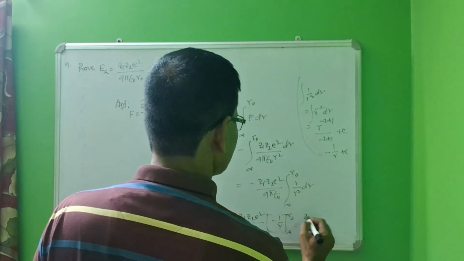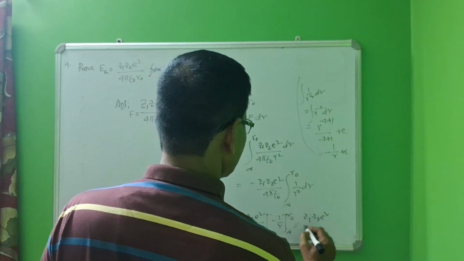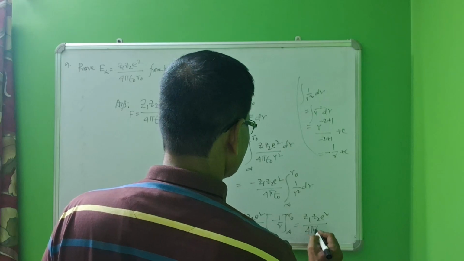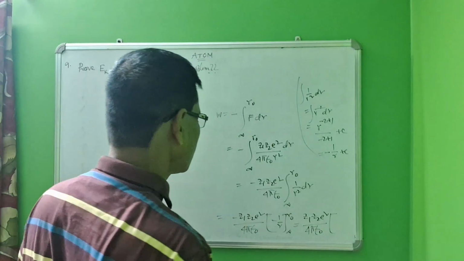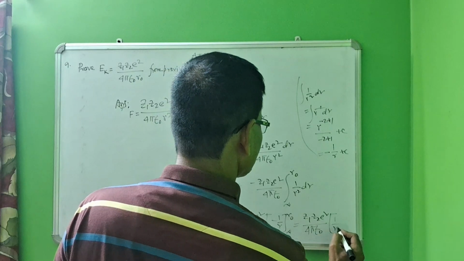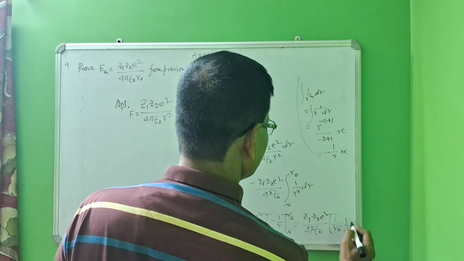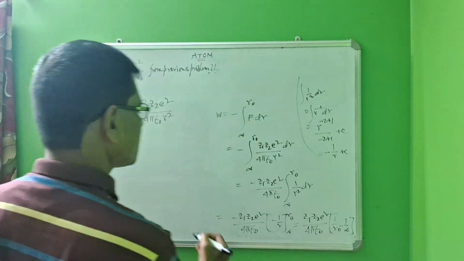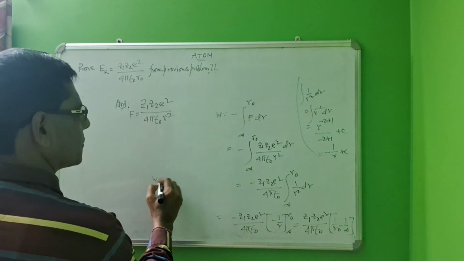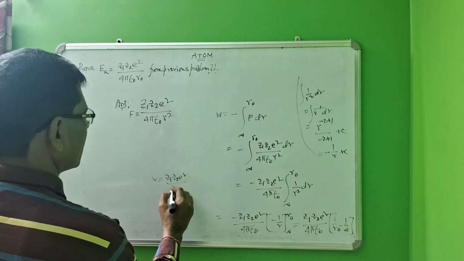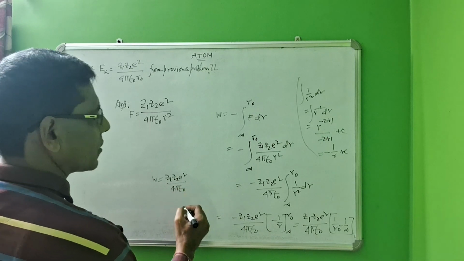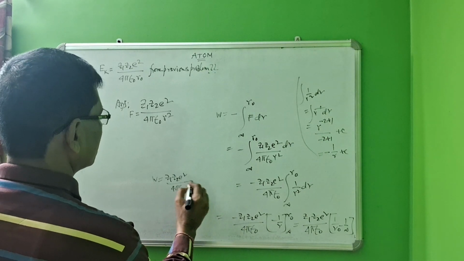So Z1 Z2 e square upon 4 pi epsilon naught. Here, taking the minus out, we get 1/r0 minus 1/infinity. So 1/infinity is 0, and we get W equals Z1 Z2 e square upon 4 pi epsilon naught r0.